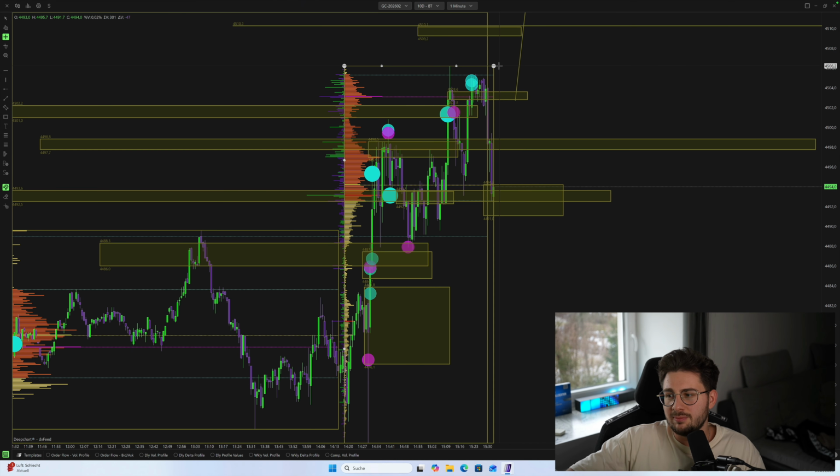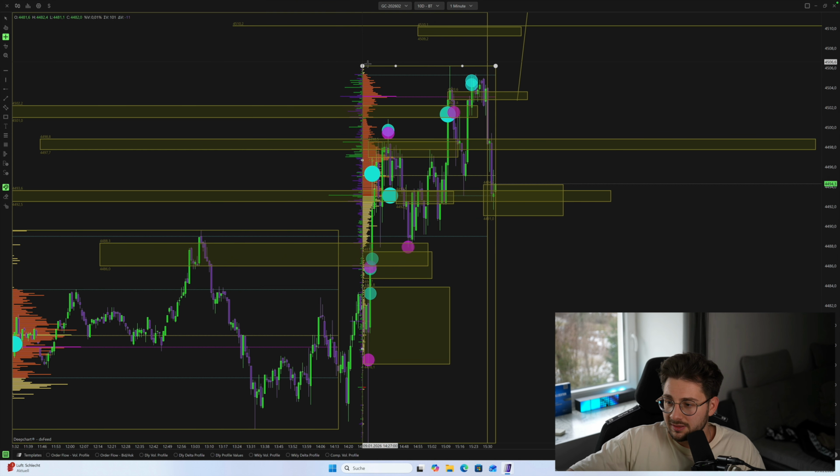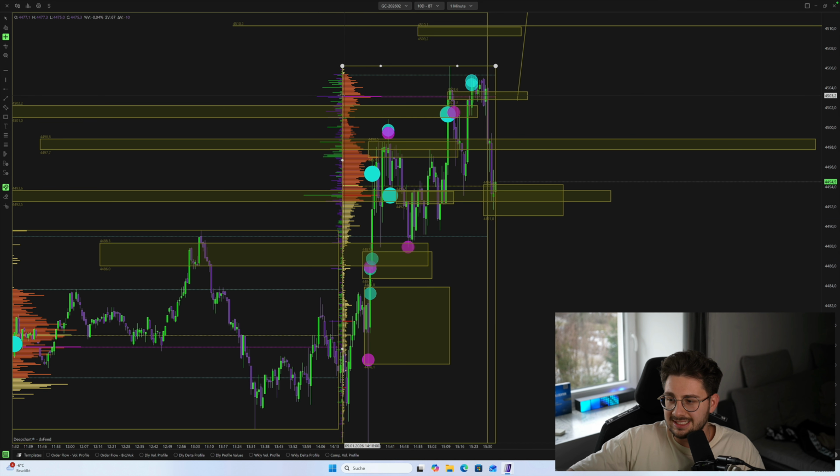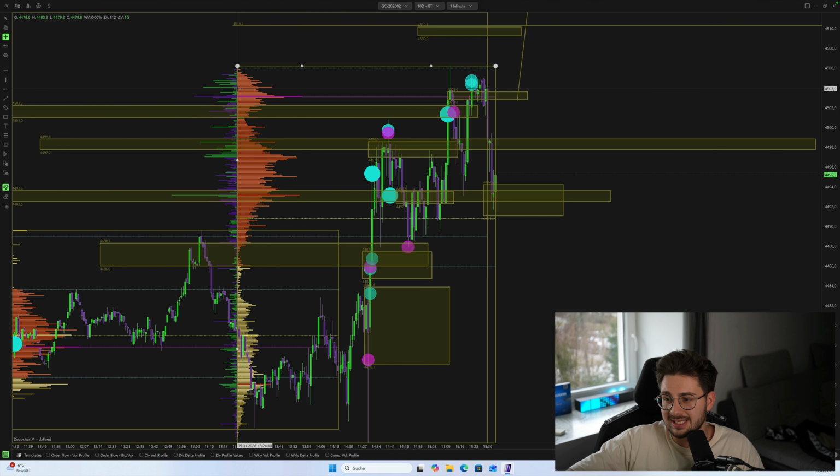We see many buyers entering, but we see also sellers trying their best. They put a lot of effort currently to bring price lower, right? So that's a bit the down point. We don't want to see the sellers being that aggressive. We want to see the sellers giving up on their idea, right? But they haven't given up on the idea yet.